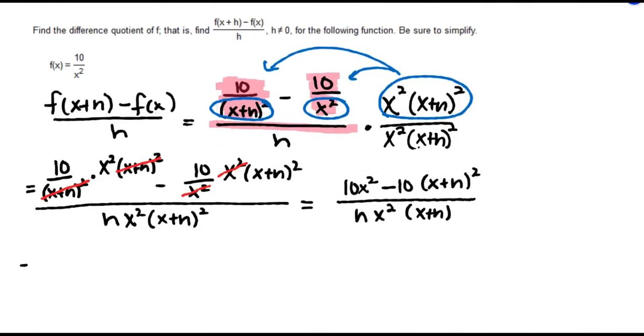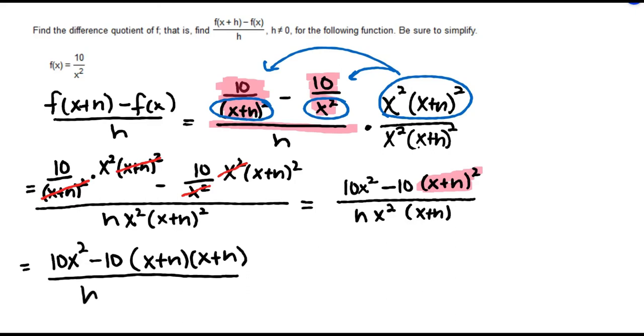We will continue to simplify, and what I want to do now is to simplify this x plus h squared. So that's 10x squared minus 10 times x plus h times x plus h over h x squared x plus h.